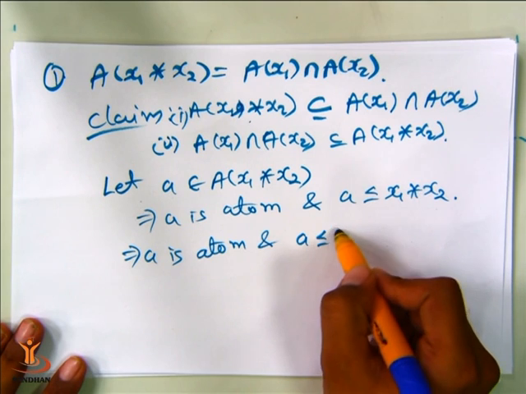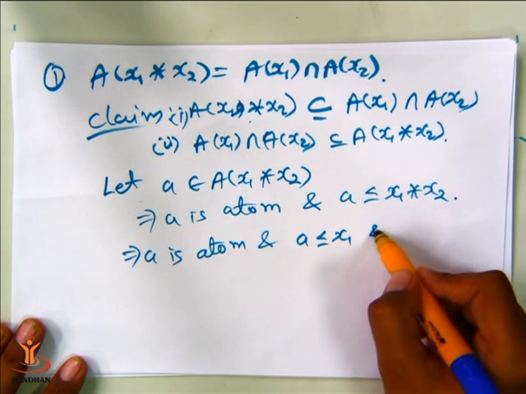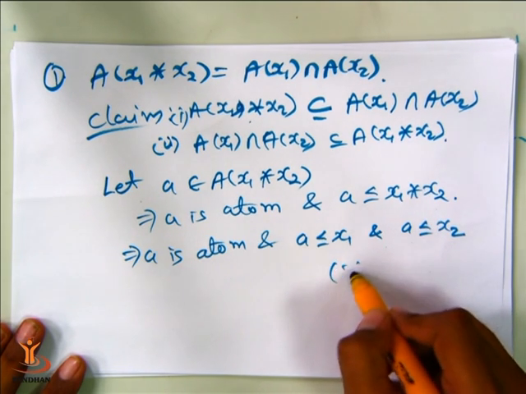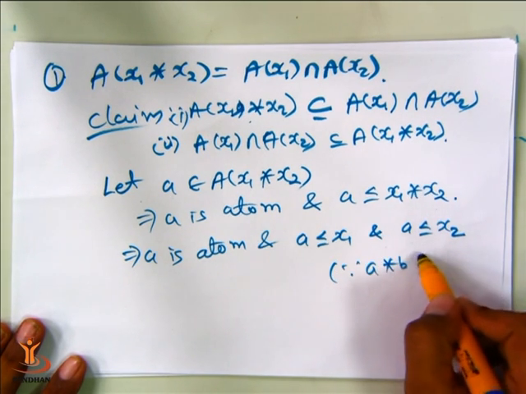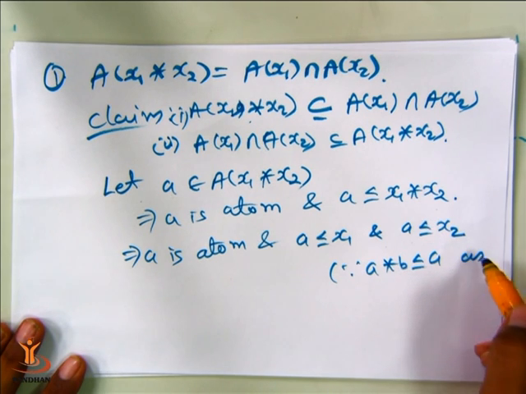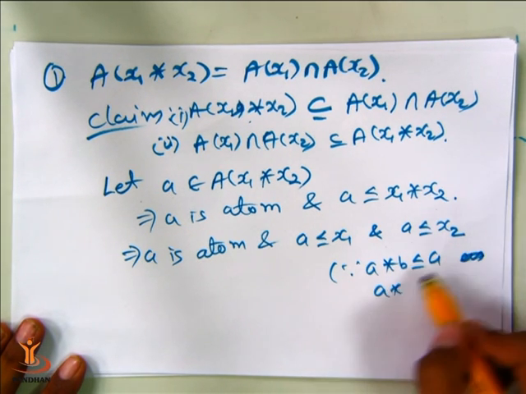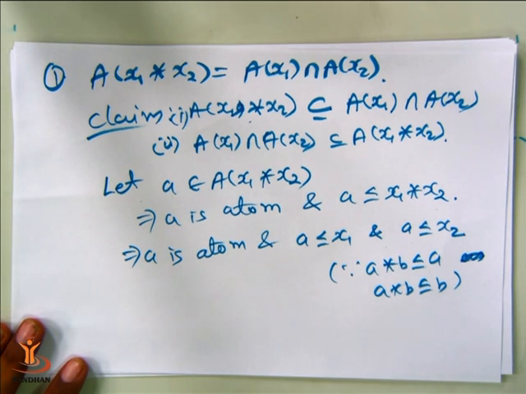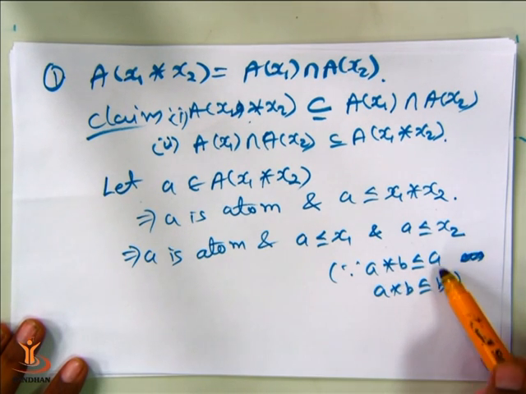That can be written as a is less than or equal to x1 and a is less than or equal to x2, because we know the result that a star b is less than or equal to a, as well as a star b is less than or equal to b, because star is nothing but the greatest lower bound of the set a, b. A lower bound is lower than the set a and b itself.